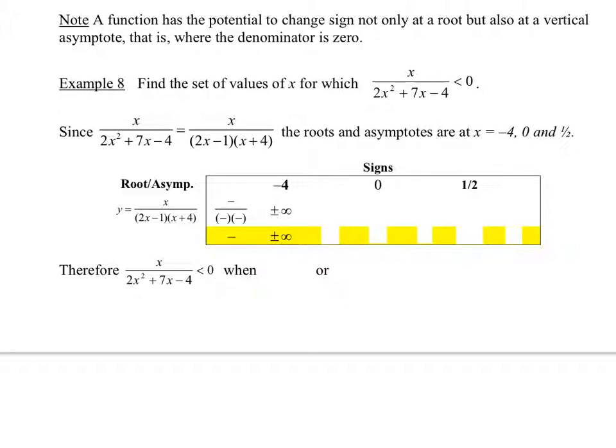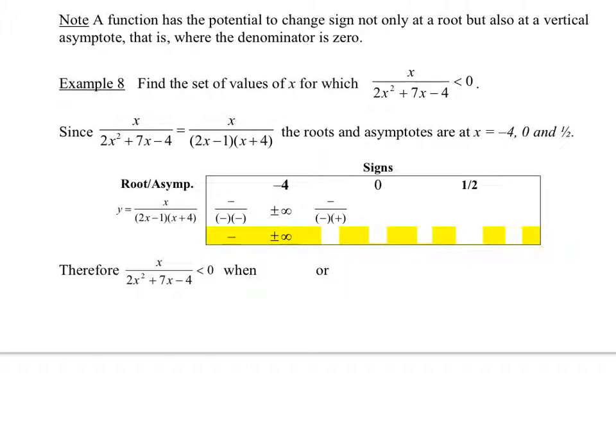Then you look between negative 4 and 0 in here somewhere. So you're looking at a value of x like negative 2, for example. If you try a value of negative 2, the x is going to be negative 2. That's a negative on the top. This will be negative, and this will be positive. So it'll be a negative divided by negative times positive.